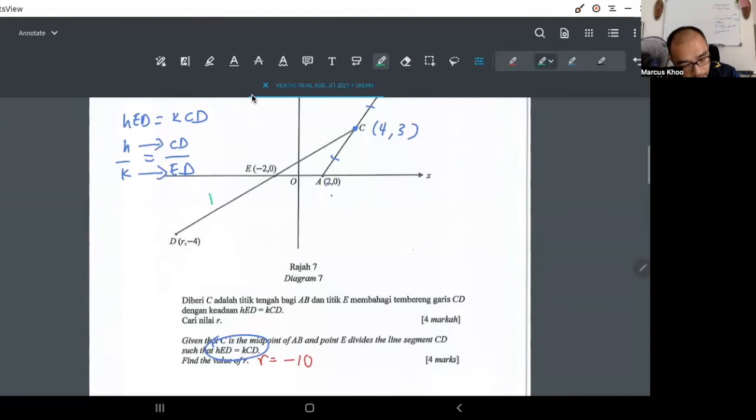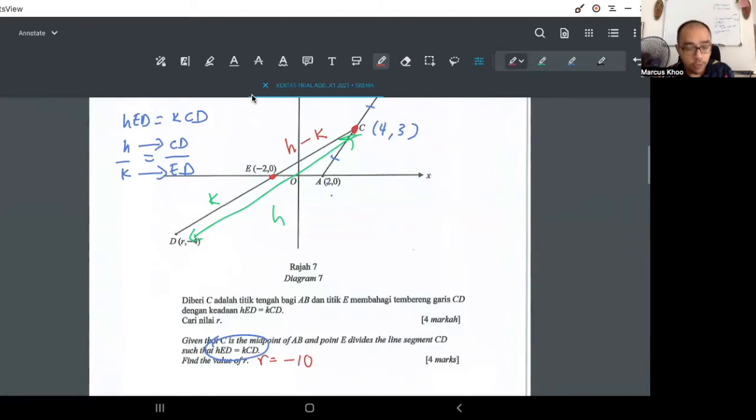ED is K. But H is from C all the way to D now. This is H. Okay. So my question to you is, what is EC? Oh, it's not very logical lah. Is H minus K. Kan? Keseluruhannya kalau tolak dengan K, H minus K lah.